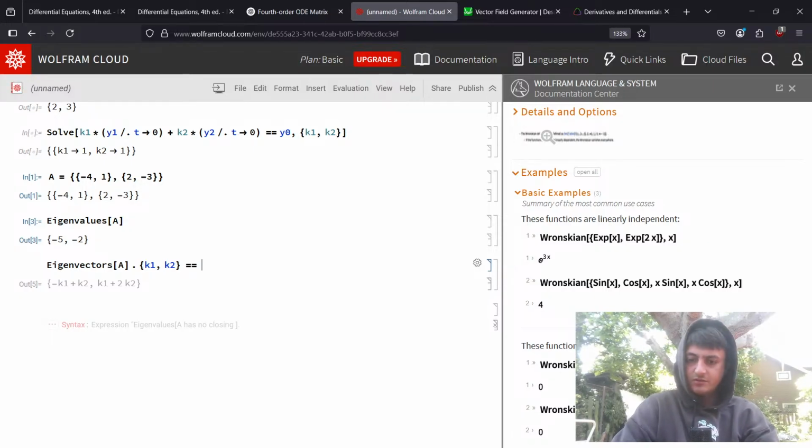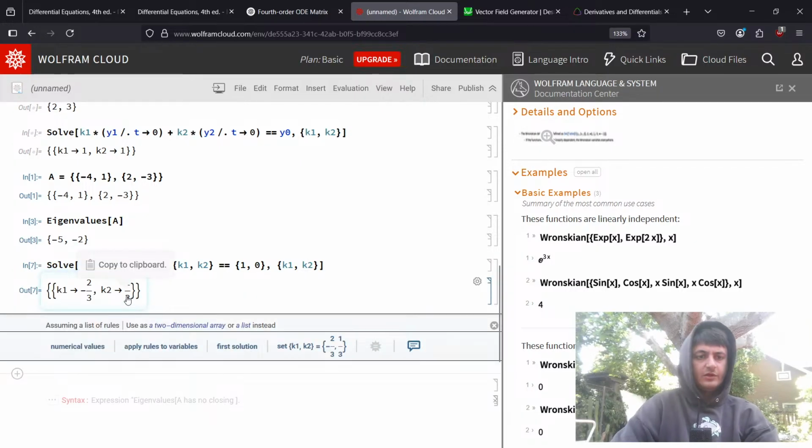This is going to be the list (1, 0). And then we just want to solve this for k1 and k2. Okay, great. So that's probably the solution.